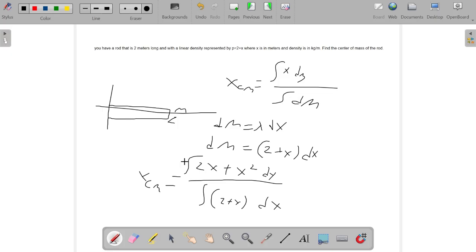Now, what do you guys think we should do as the limits or bounds for our integration? You might be able to guess just based off this graph here. Since we're starting at the origin, that means we're starting at 0. We're ending here, at 2, the length of 2. So 0 to 2.